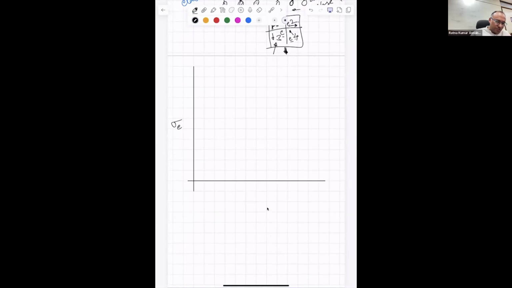Engineering stress, engineering strain, and the stress strain diagram is like this. This is my sigma ut, and whatever sigma y I can always measure. You know how to measure sigma y, right?